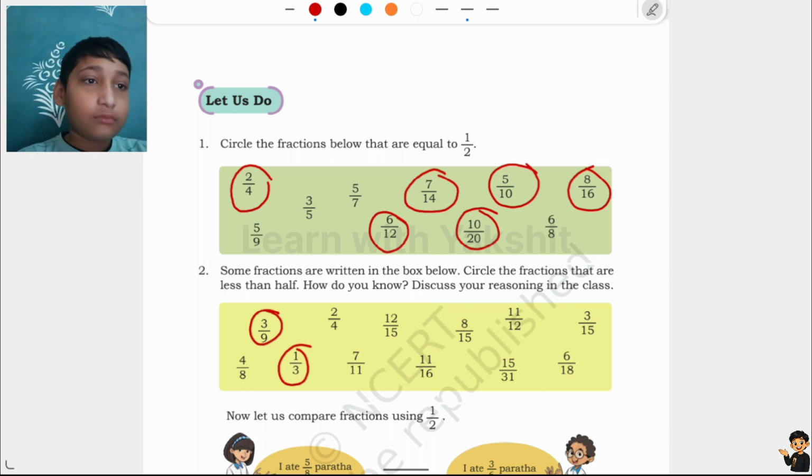Wait, meaning that's also. You can clearly see that 11 upon 12 is higher than a half.